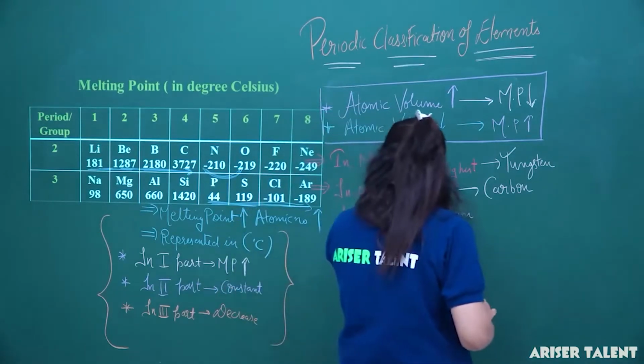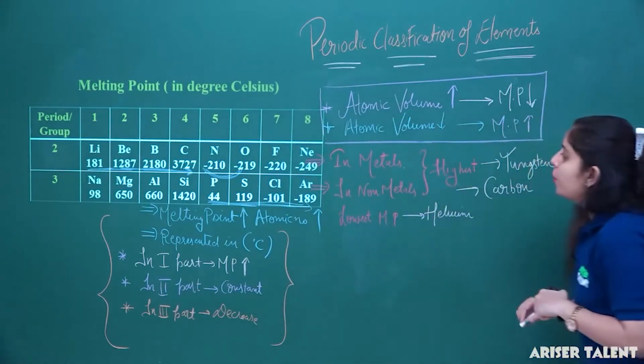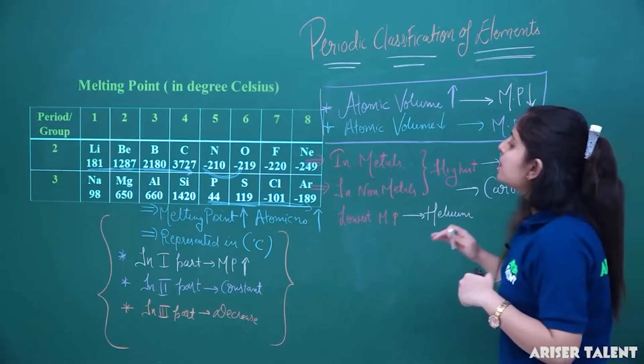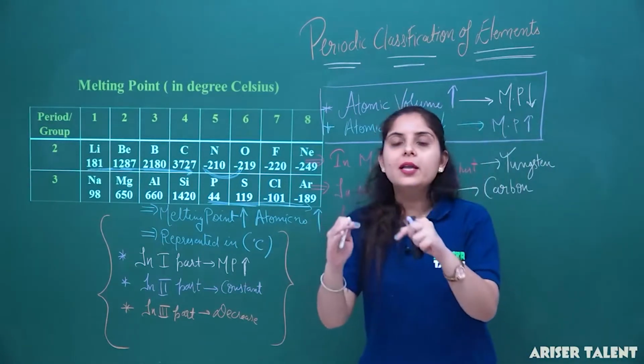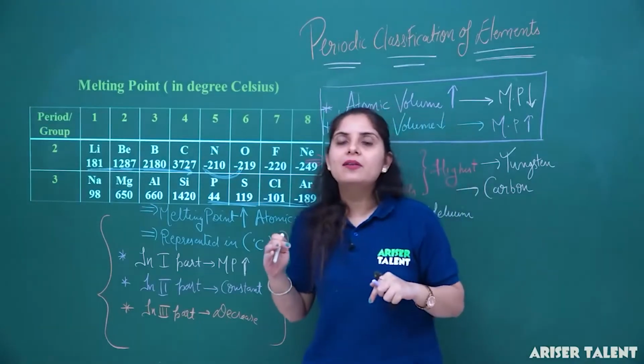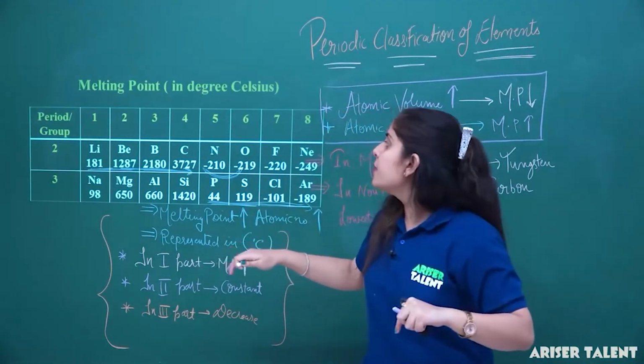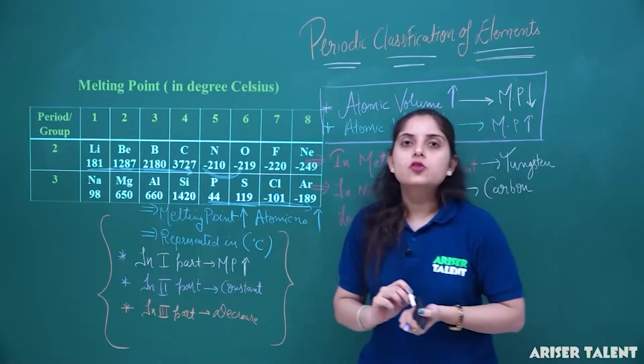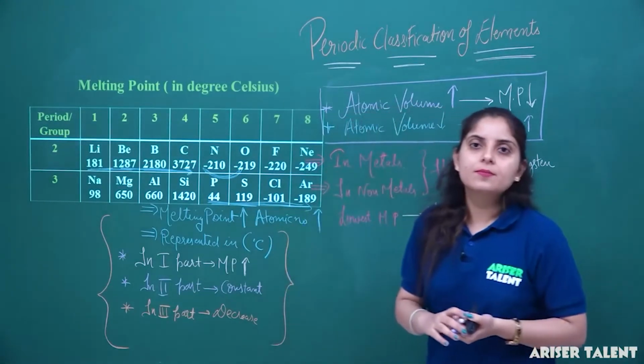So this is the observation in case of the melting point we have seen here, but the boiling point is not going to show the similar trend. It will follow some sort of similar trend, but it is not as sharp as the melting point we have observed here. So this is about the melting points here.